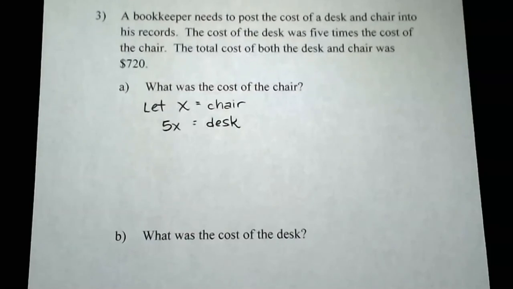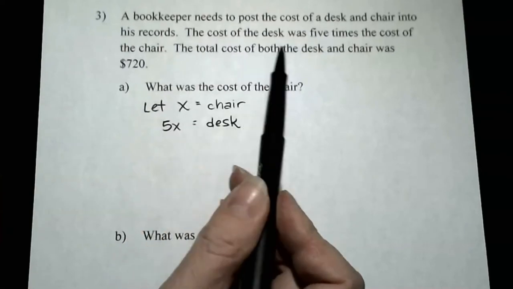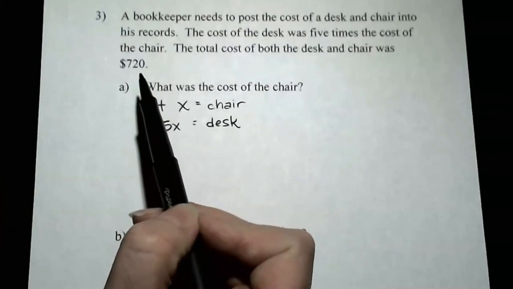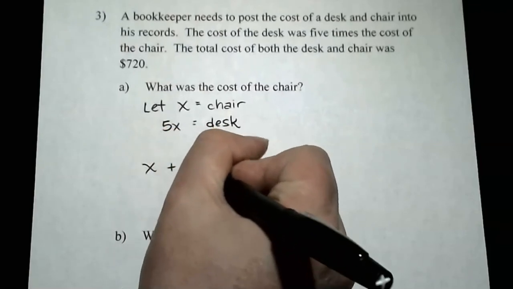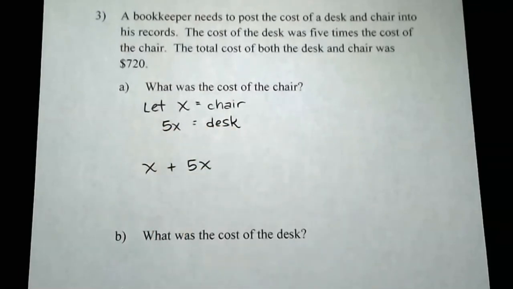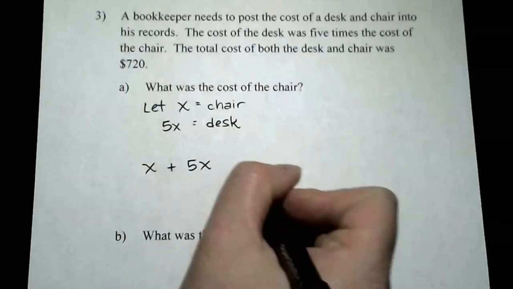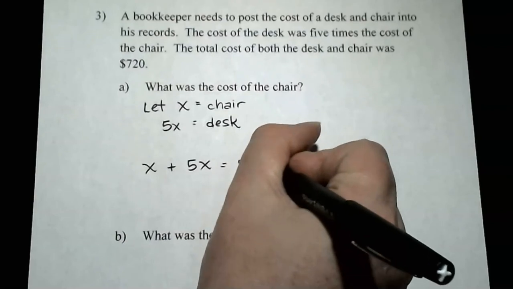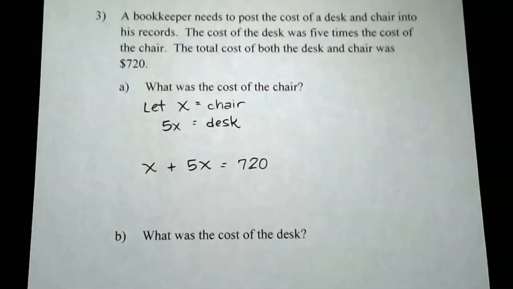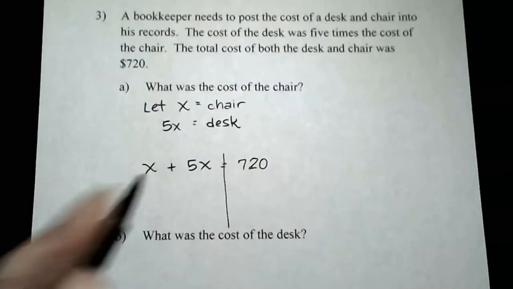Now I need to write an equation. The total for both was 720. So X plus 5X, the total for both, was 720. So there's my equation, and now I can solve it.